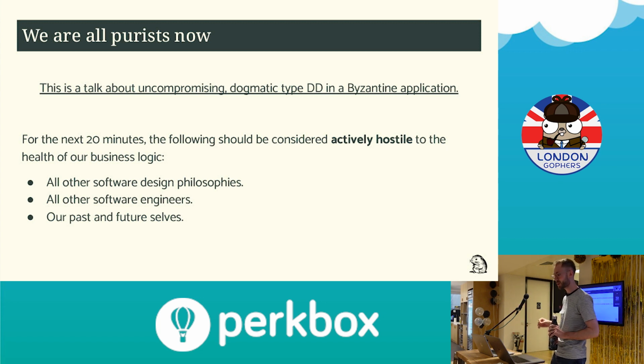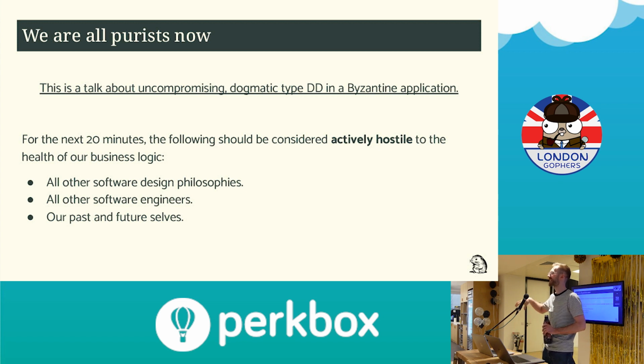And so for the last 20 minutes, we're going to be talking about uncompromising and dogmatic type-driven design in a Byzantine application. And a Byzantine system is a system in which you have one or more actors that is actively hostile to the overall health of the system.